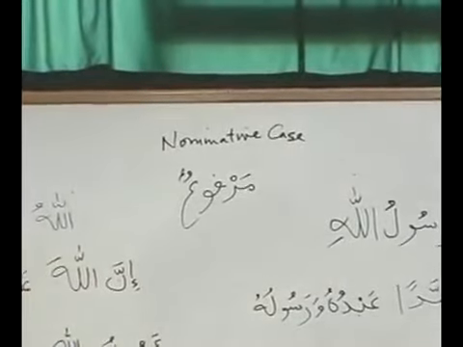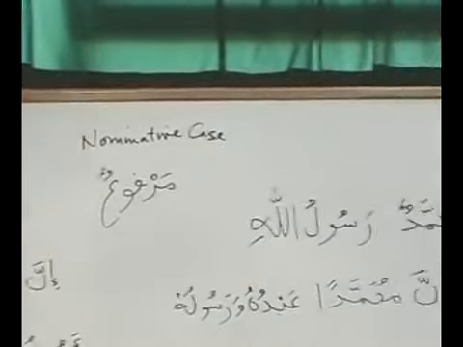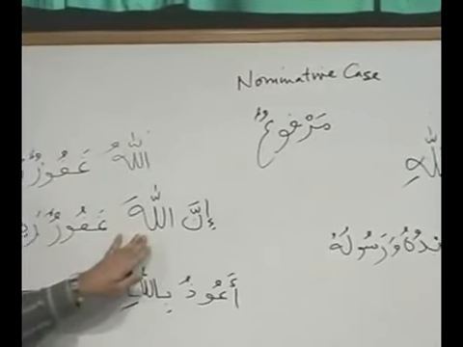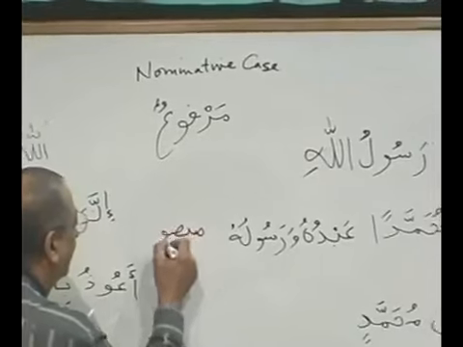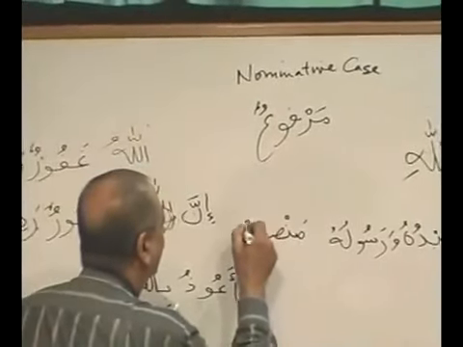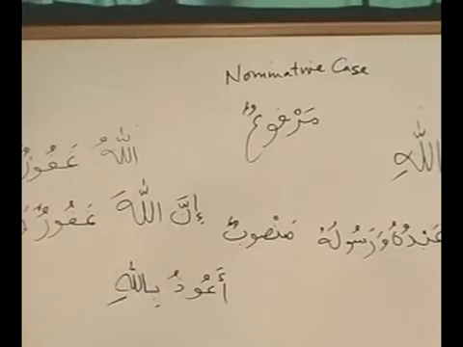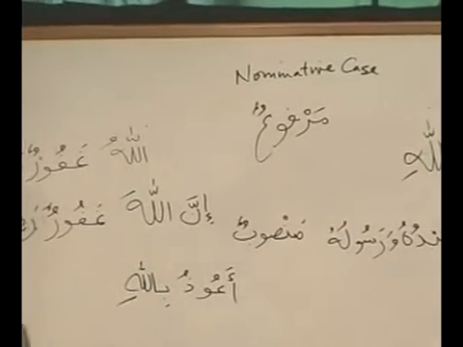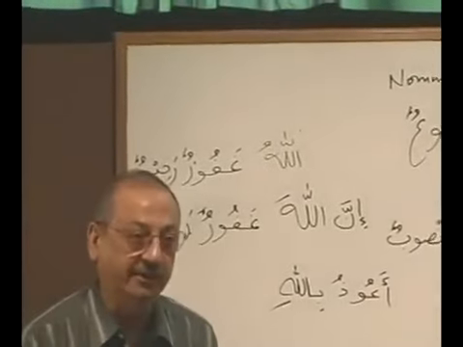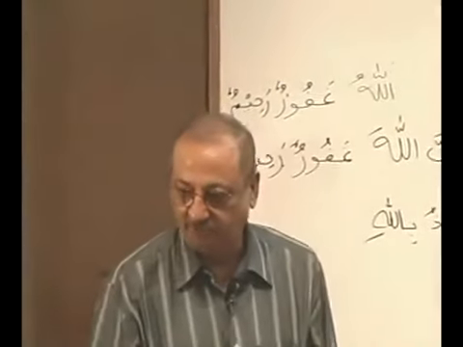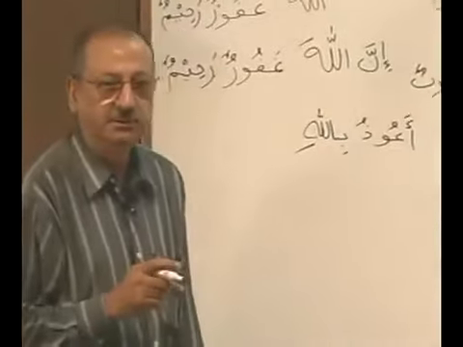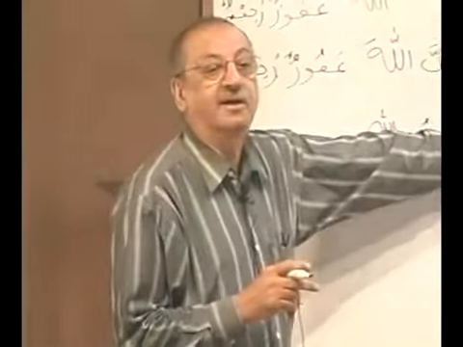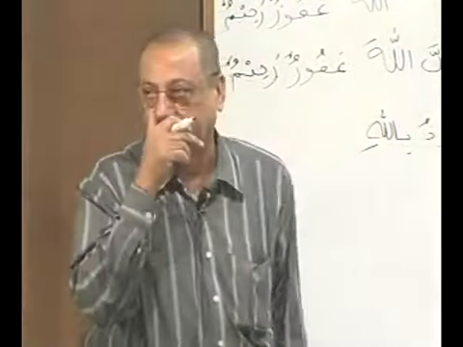Okay? Now if the noun ends with a fatha, be it a tanween or one single fatha at the end of a noun, then we say it is mansoob. What is it, brother? It is mansoob. What do we call it in English? Either you call it objective case or accusative case. Are you with me, brothers and sisters? But we will memorize these terms that I'm writing.